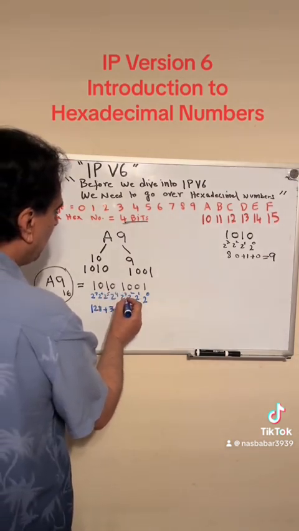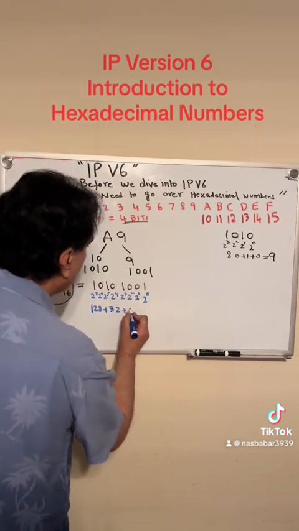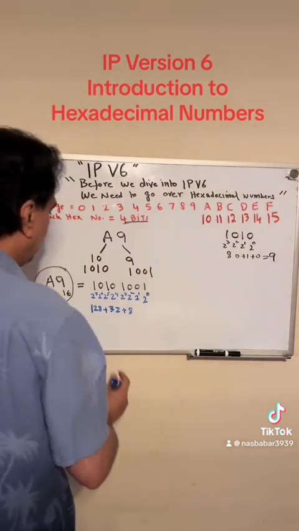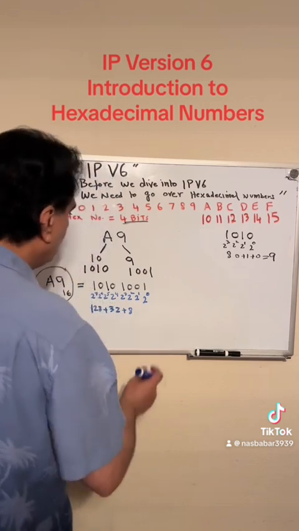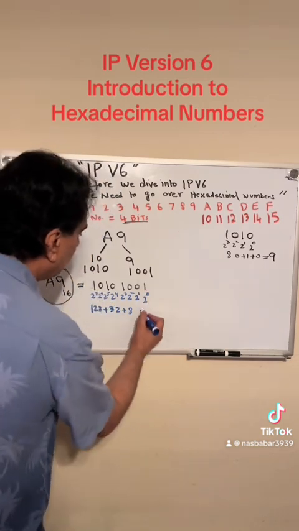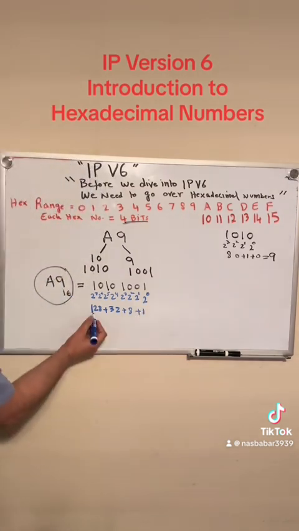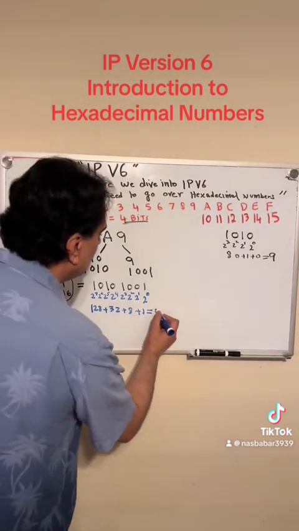The bit above 2 raised to power 3 is on, so I'm going to care about that. And the rest are 0, so I don't care about that. So if you add these up, 128 plus 32, and I'm sorry, the last bit is also on, so I'm going to care about that. So 128 plus 32 plus 8 plus 1 gives me 169.